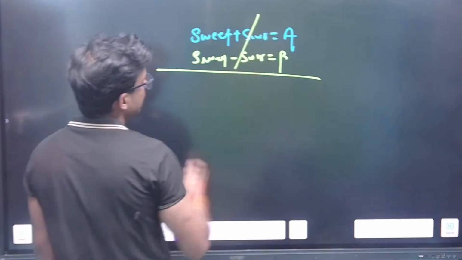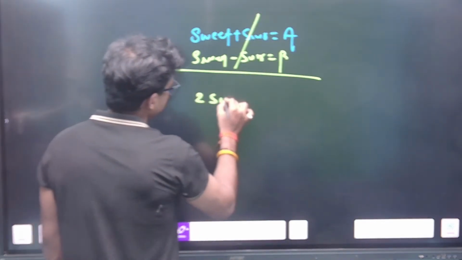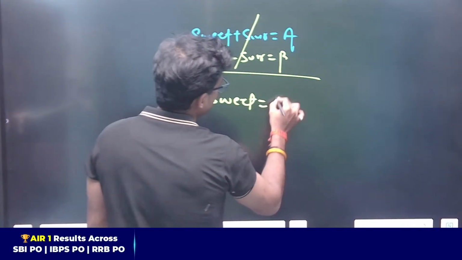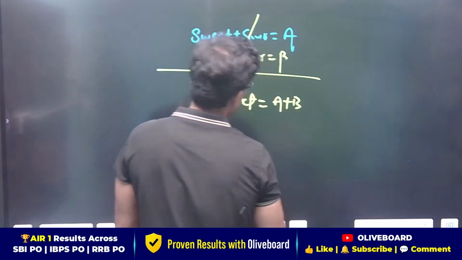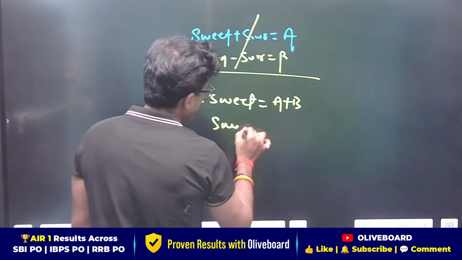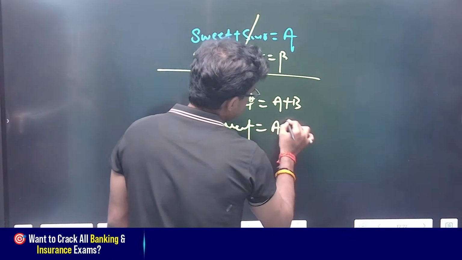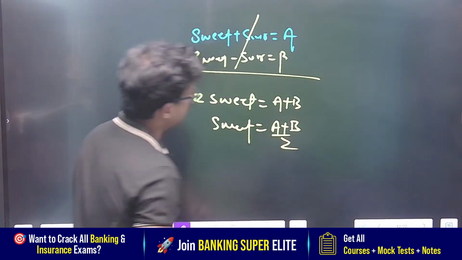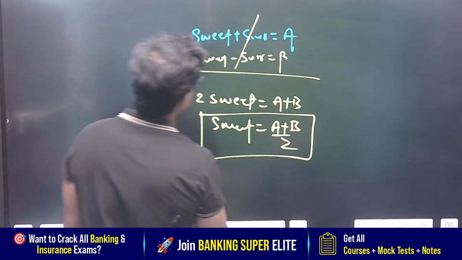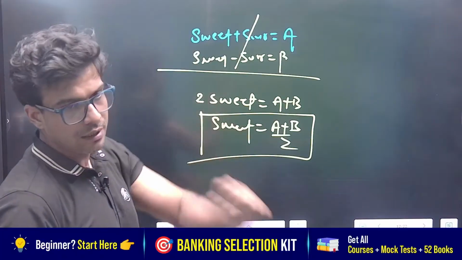So if I add, I'll get 2 times sweet equal to A plus B. So sweet would be equal to (A plus B) by 2. Whenever you go for sweet, you need to club this and divide.